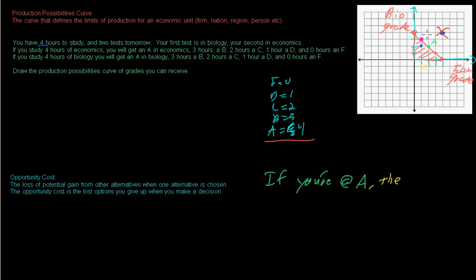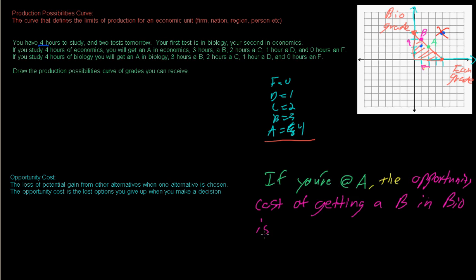So that's B. The opportunity cost of moving to point B, of getting a B in bio, is getting a D in econ.